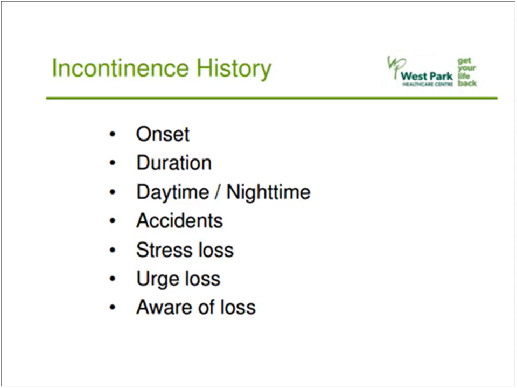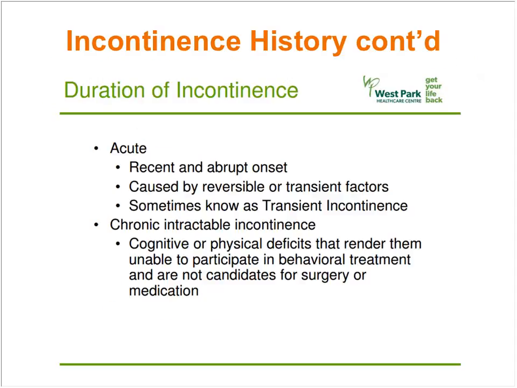So it's important to think about onset and duration, the daytime and nighttime patterns, the pattern of urine loss, the wet episodes, how much is lost, questions about stress loss with physical activity, urge loss, and awareness of loss. So I mentioned that earlier, the awareness of the urge to void, of passing urine, and of being wet.